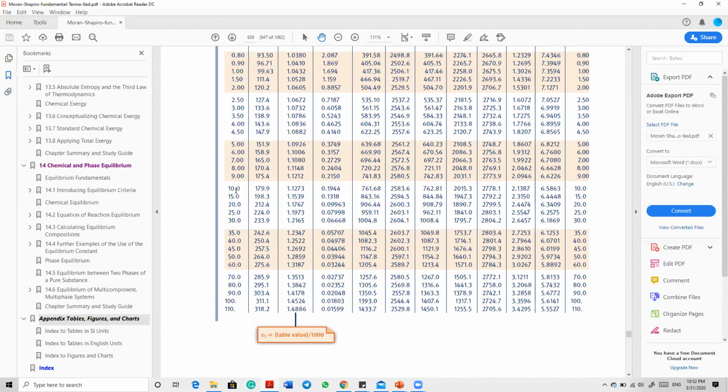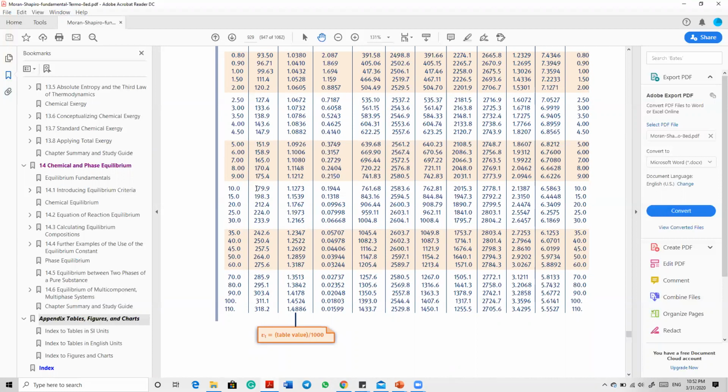My pressure is 10 bar and my temperature is 215. The temperature is higher than the saturation temperature, which means that I have superheated steam.